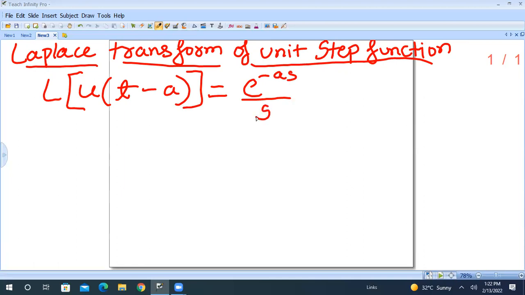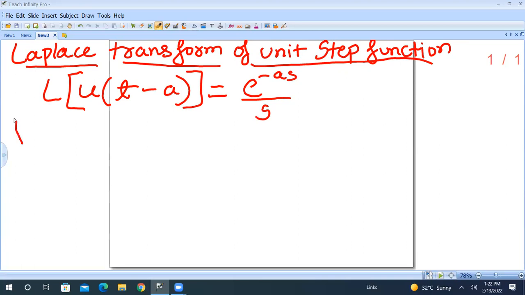Yes, we have to do this. So from the definition, L of u of t minus a is equal to e to the power of minus as divided by s. We have to prove this.